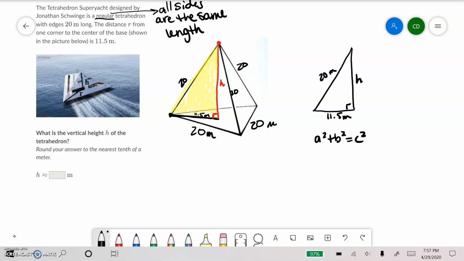We can use the Pythagorean theorem, a squared plus b squared equals c squared. Remember, c is always your hypotenuse, and a and b don't really matter. So I'm going to say a is 11.5, b is h, and c is 20.